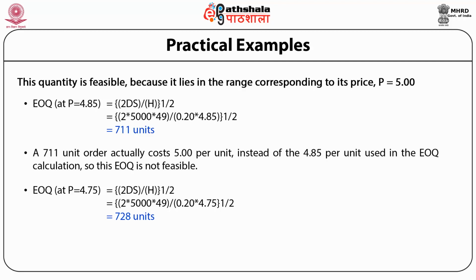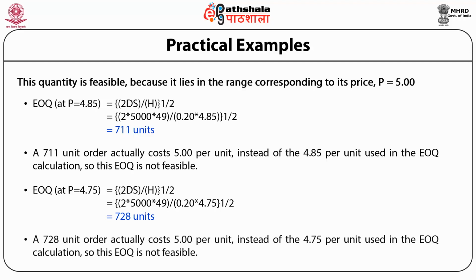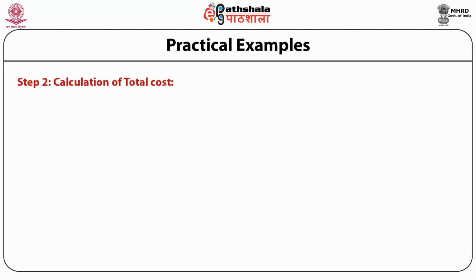EOQ at P equal to 4.75 equals the root of 2DS upon H, which is the root of 2 into 5000 into 49 divided by 0.20 into 4.75, and that equals 728 units. A 728 unit order actually costs 5 per unit instead of 4.75 per unit used in the EOQ calculation, so this EOQ is not feasible. Step 2.